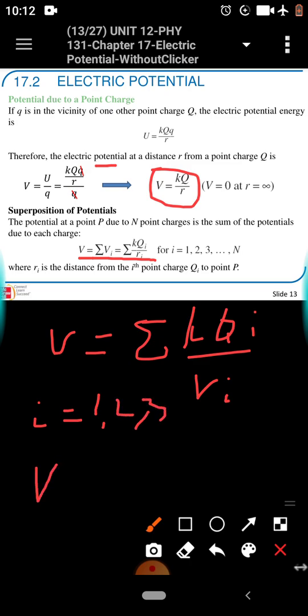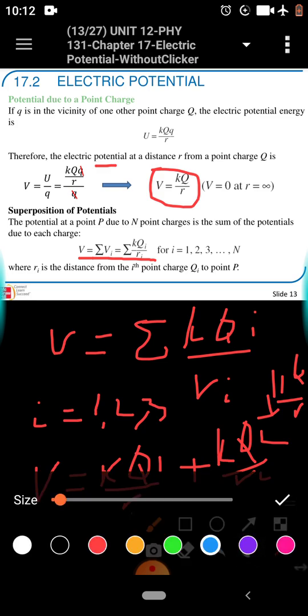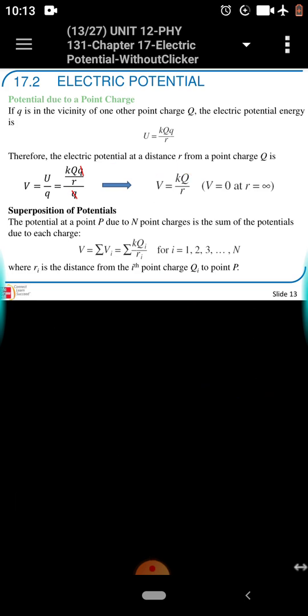Then the electric potential will be K Q1 over R1 plus K Q2 over R2 plus K Q3 over R3. This is how we add the contributions of the point charges. Substitute, and that's all we do.